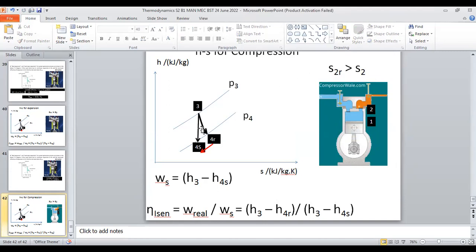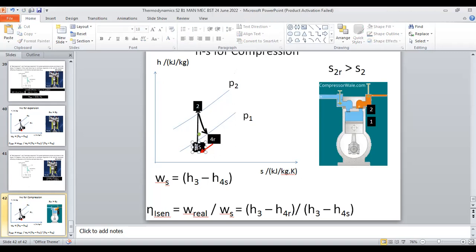Entropy increases. So pressure is rising from 1 to 2, pressure being raised. So 2 is here. This curve goes the other way. 1 to 2.